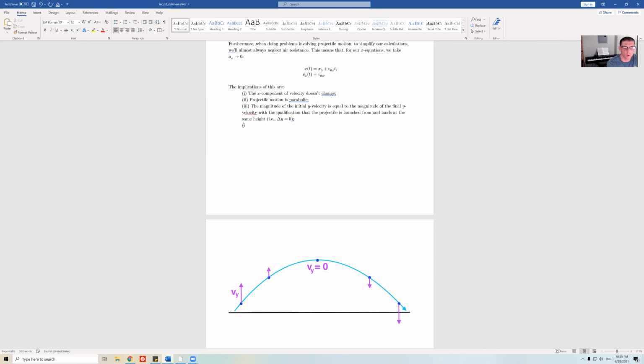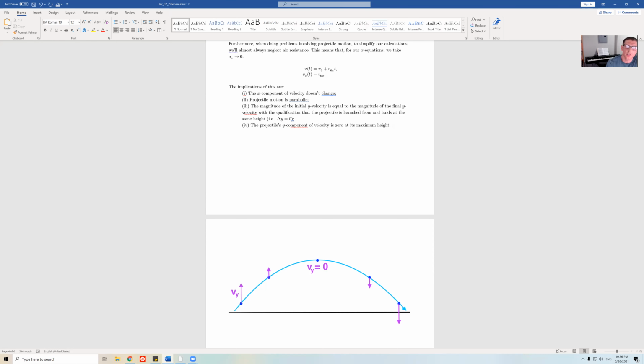Okay, and then there's one more, and that is that the projectile's y component of velocity is 0 at its maximum height.